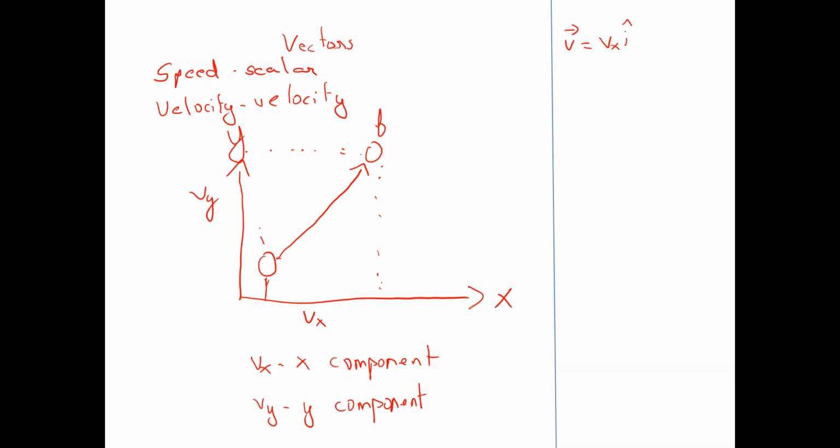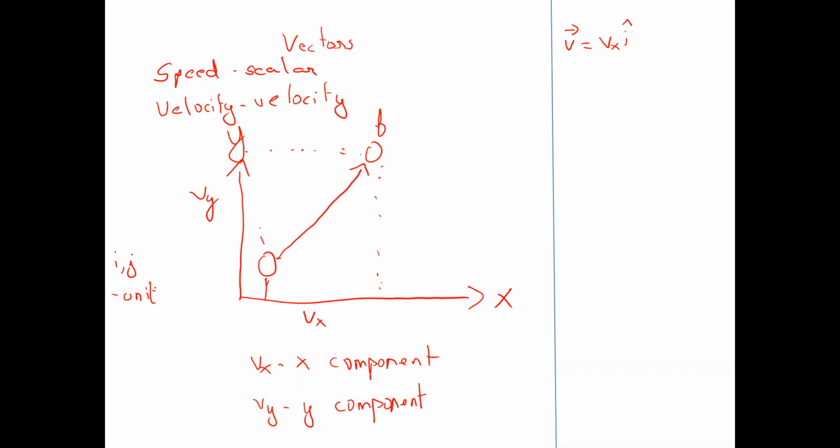This vx is just a number, right? So the direction along the x direction is given by the unit vector i. So i is the unit vector along the x direction, and j is the unit vector along the y direction.